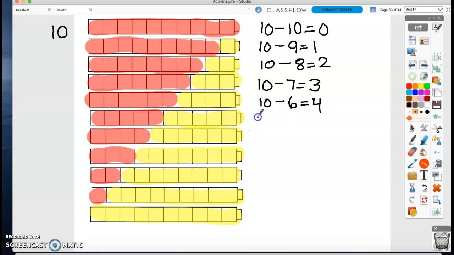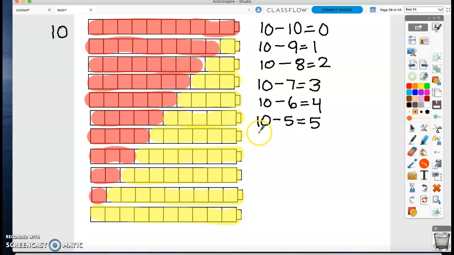Here we go. 10 minus 5 equals how many yellow? Sorry, how many red equals how many yellow? 5. Here we go.